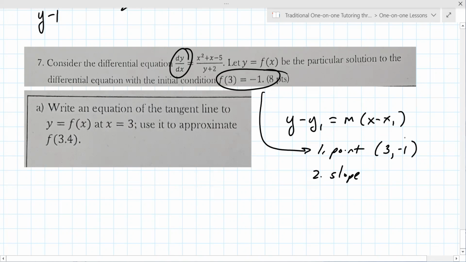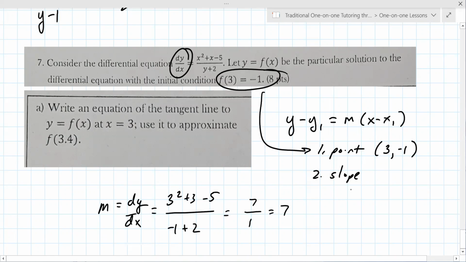Your slope comes from taking that point and plugging it into the derivative. Usually you have to find the derivative, but here it's already given. So your slope is dy/dx, where instead of x you plug in 3, and instead of y you plug in -1. 9 plus 3 minus 5 is 7, over 1.